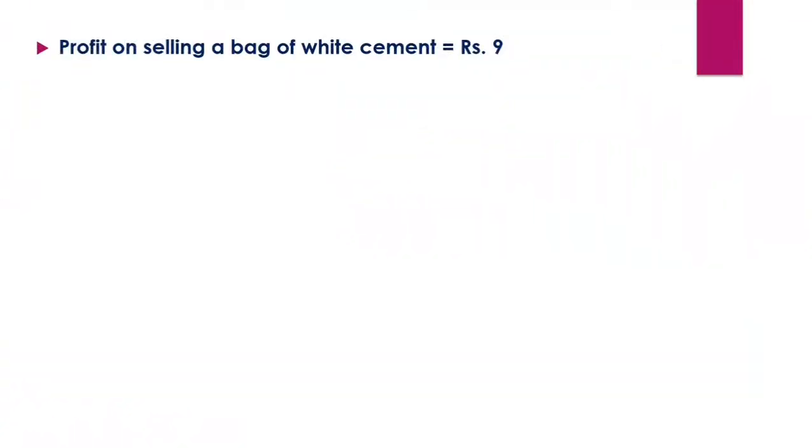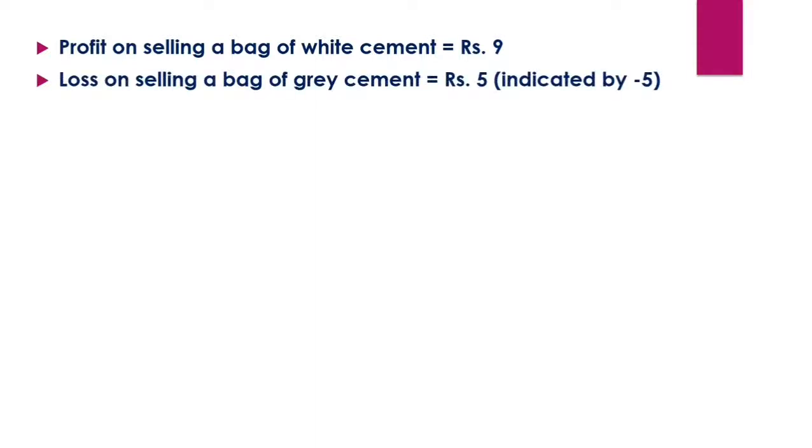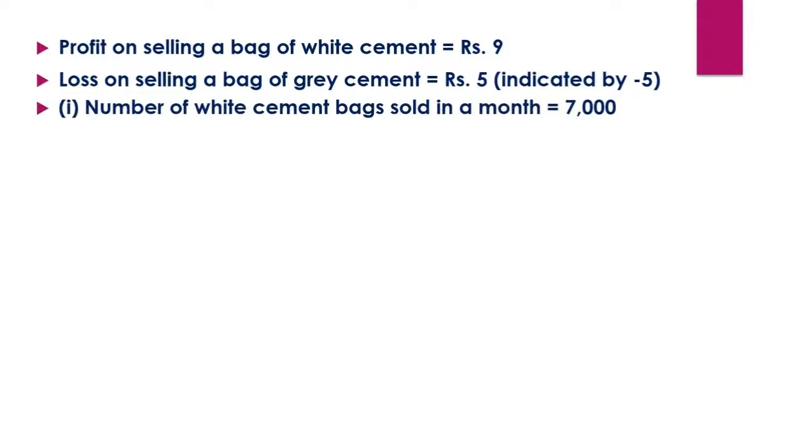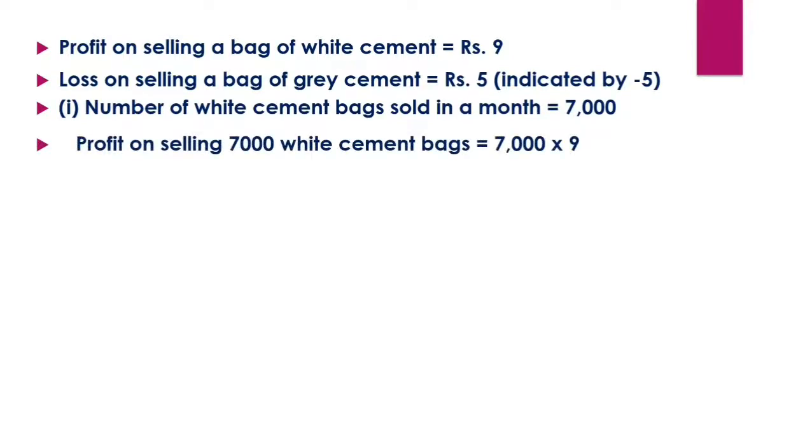Profit on selling a bag of white cement is equal to 9, and loss on selling a bag of grey cement is equal to 5. Here this 5 rupees is loss, so we indicate it with minus 5. In that month the company sold 7,000 white cement bags, so profit on selling them is 7,000 into 9, so we get 63,000 profit.